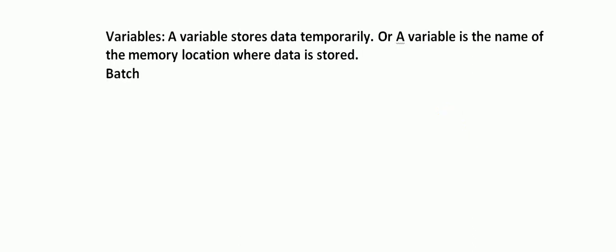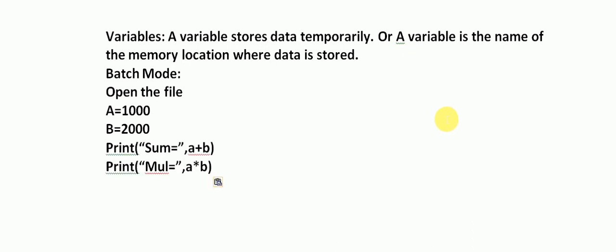If we talk about the batch mode, how can we use it? We just have to open the file and write the program: a equals 1000, b equals 2000, and now we print the arithmetic operations, like print sum equals a plus b and print mul equals a into b.